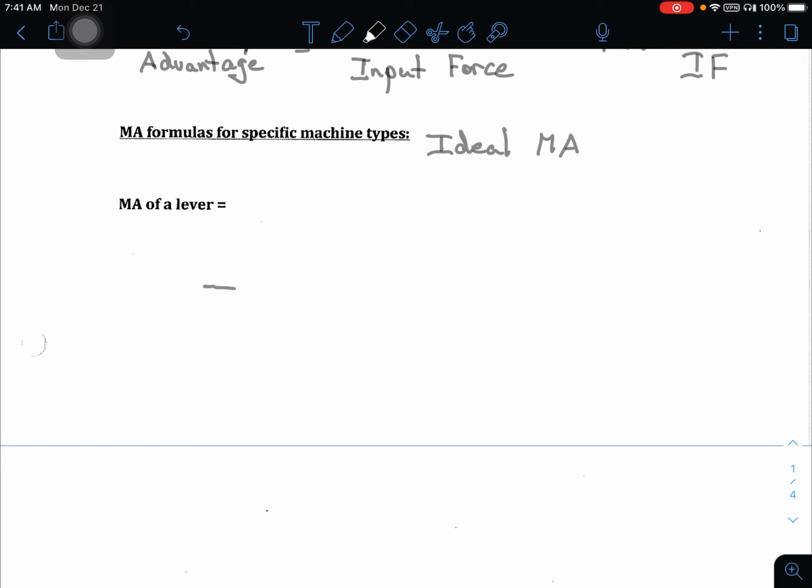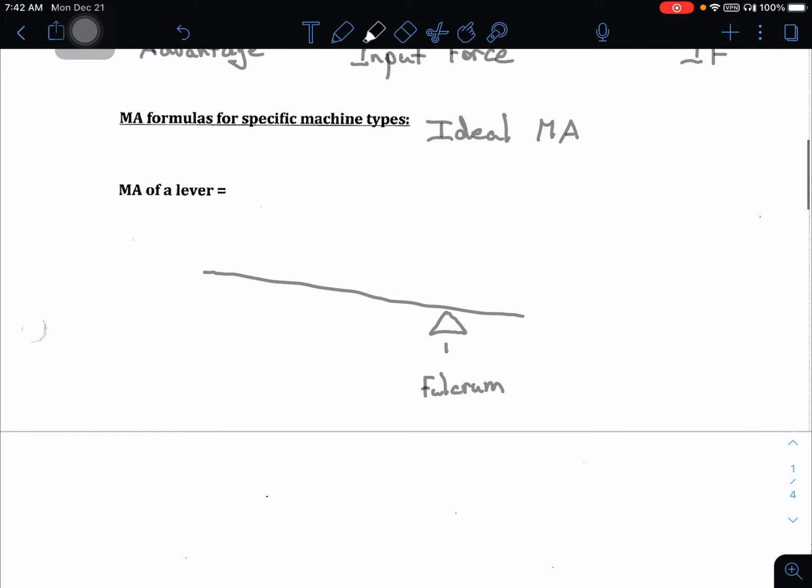I'm going to draw. Here's my fulcrum. Remember, the pivot point on a lever is called the fulcrum. Here's what I call my effort, and here's my resistance, let's say.